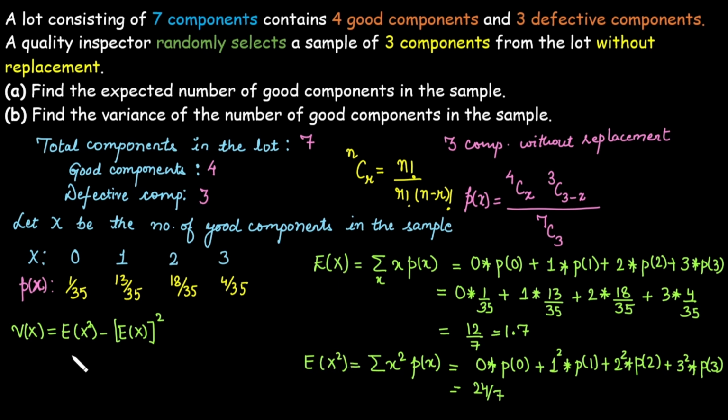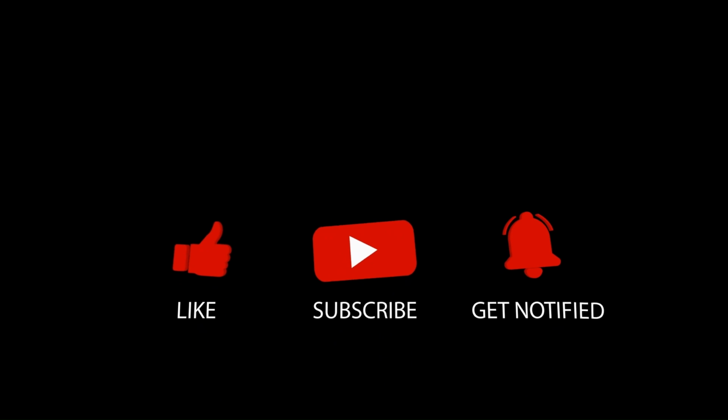Now plug these values here to calculate the variance. The expected value of x square we are getting as 24 by 7 and the expected value of x is 12 by 7. Then we take its square. Simplify this. This is equal to 24 by 49. So this is how we calculate the expected value and the variance in the case of a discrete random variable.